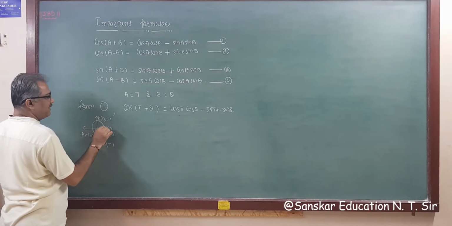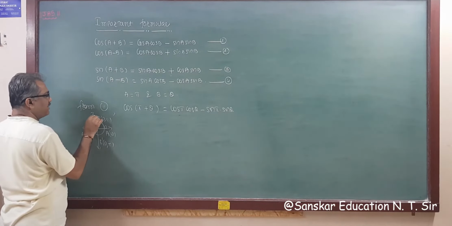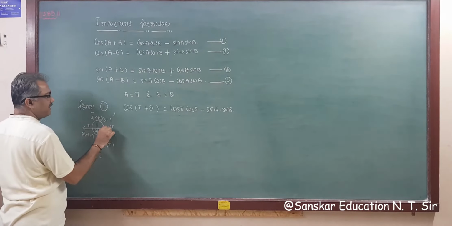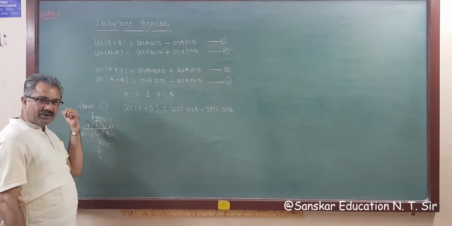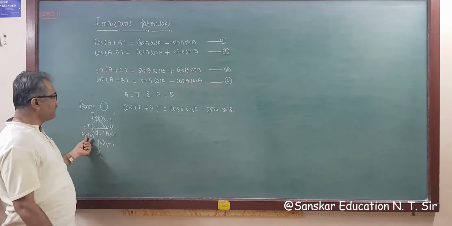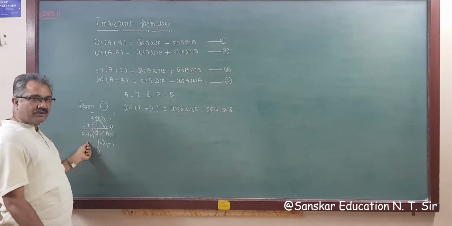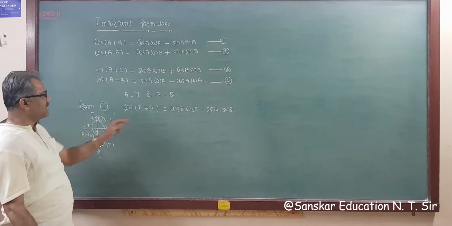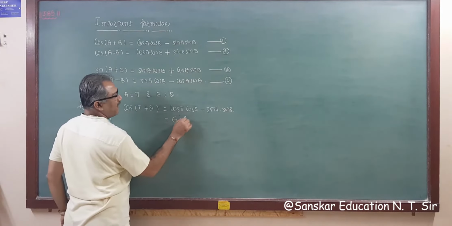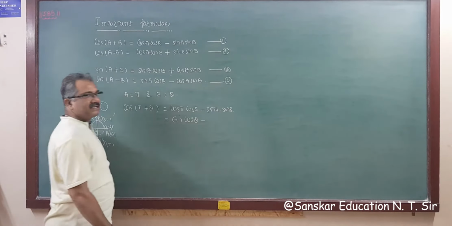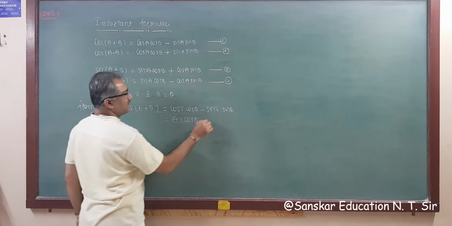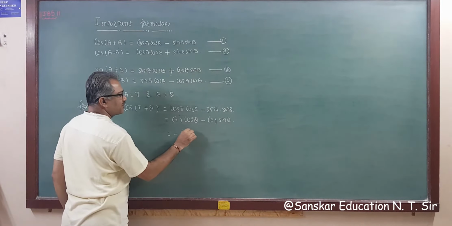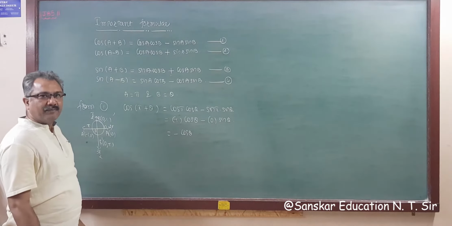This is angle 0, this is pi by 2, this is pi, this is 3 pi by 2, and this is 2 pi. So cos pi is here, on the left-hand side of the unit circle, at the point (-1, 0). The x coordinate is always the cos function and the y coordinate is the sin function. So cos pi is minus 1, times cos theta, minus sin pi, that is 0, so 0 into sin theta. So we will get minus cos theta.